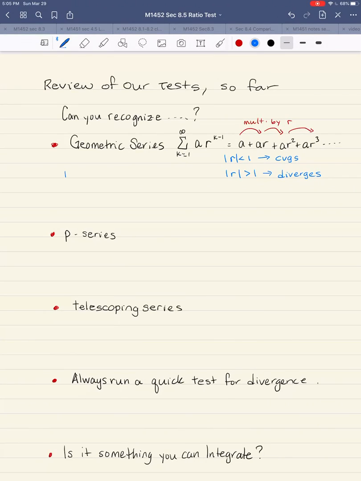So an example of such a series would be 1 plus a half plus a fourth plus an eighth, and so on. Here, we get from one term to the other by multiplying by a half.